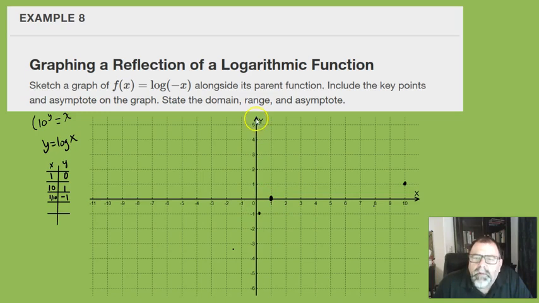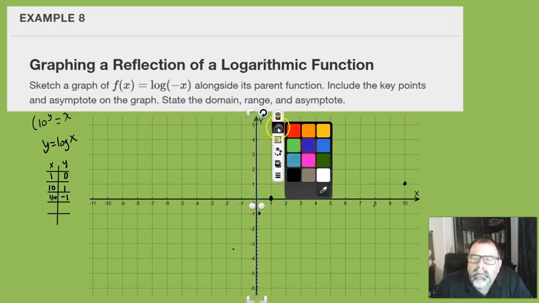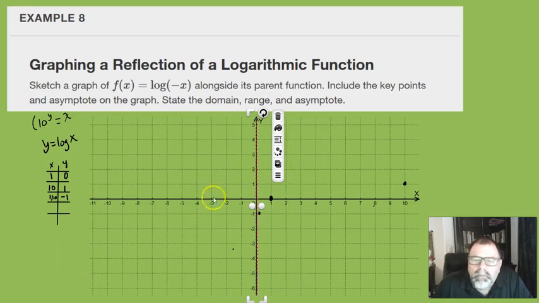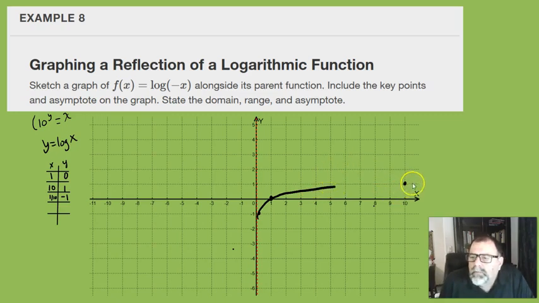We have a vertical asymptote. We're going to graph our log function. That should be below the line there, but hopefully you got the idea.